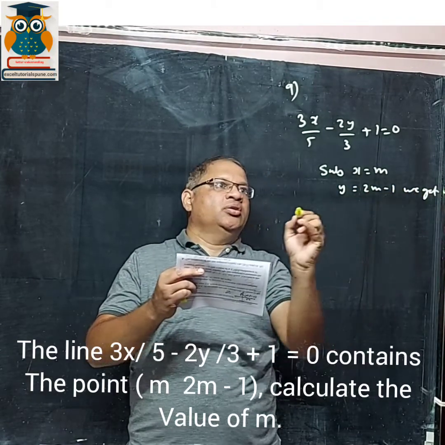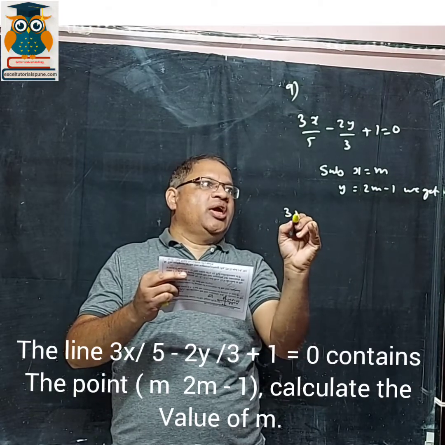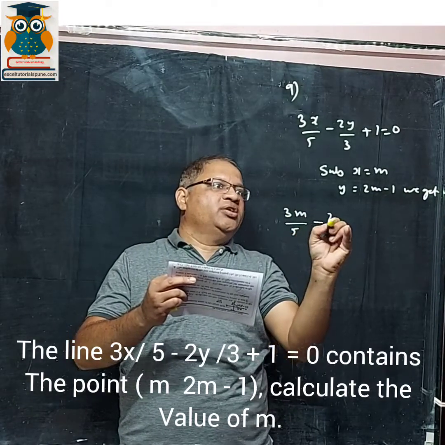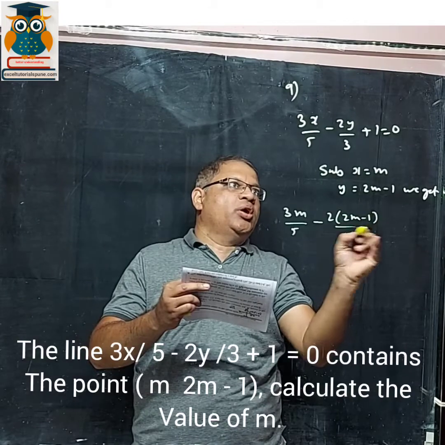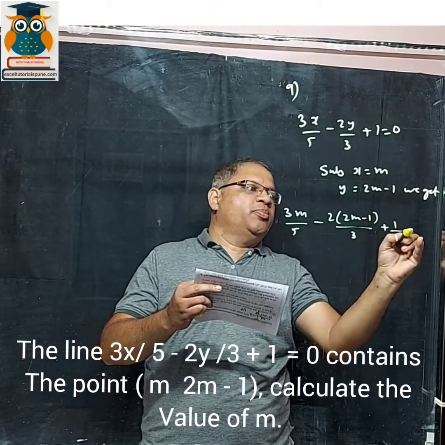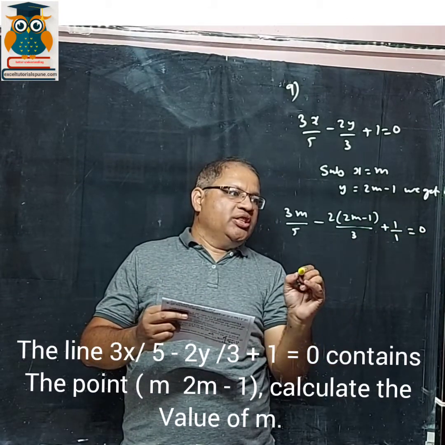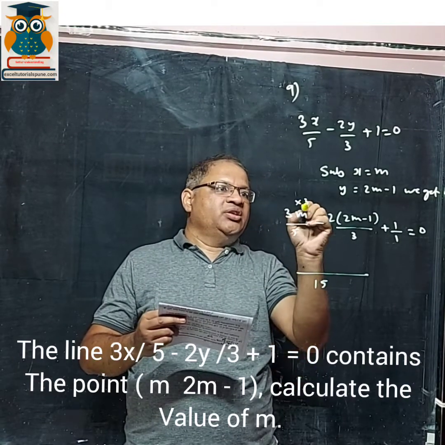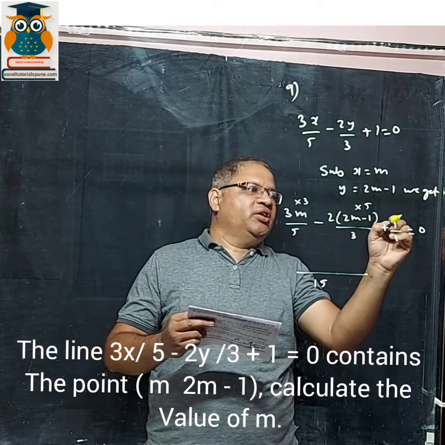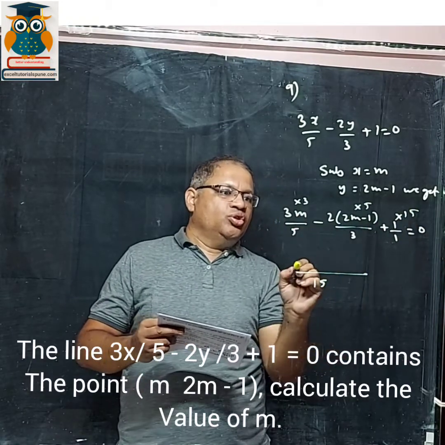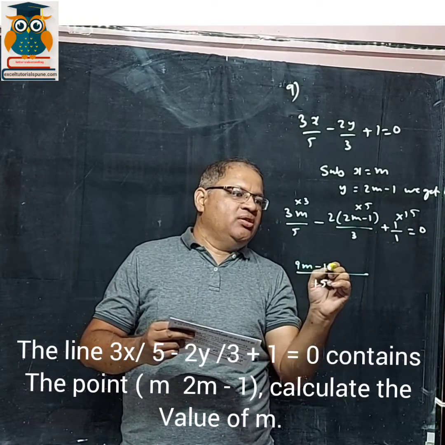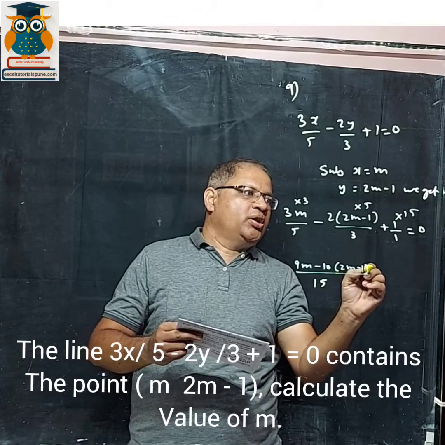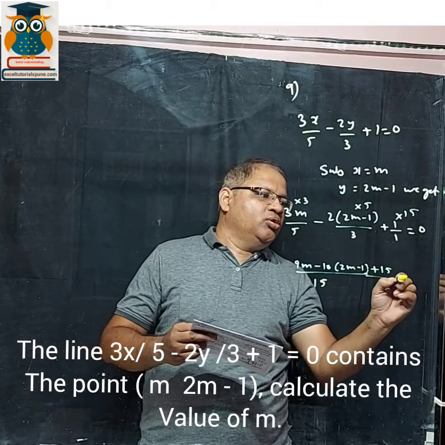We get 3m upon 5 minus 2(2m minus 1) upon 3 plus 1 upon 1 equal to 0. So take the LCM. LCM is 15. 5 3s are 15, 3 5s are 15, 1 into 15. So 9m minus 10(2m minus 1) plus 15 equal to 0.